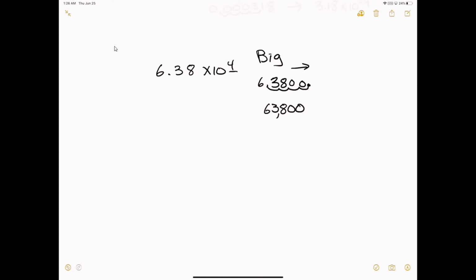Conversely, say I have a small number, 2.72 times 10 to the negative 13. This is something that's really small, maybe a super small measurement from a chemical instrument. So how would I do this? Well, I would write my 2.72, and I need to go to the left a bunch of spaces now. Minus means small number, less than 1.